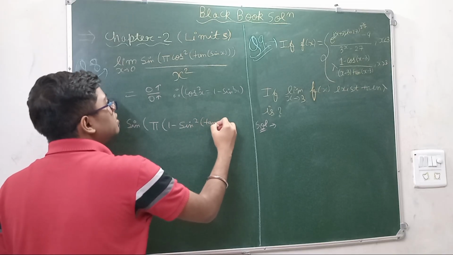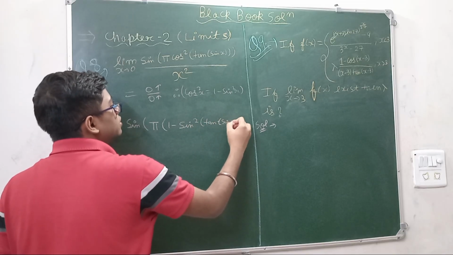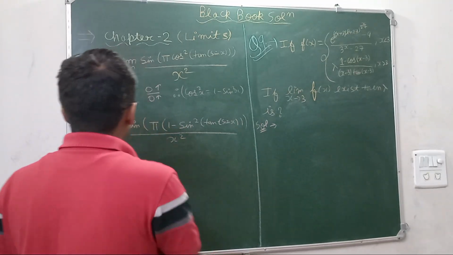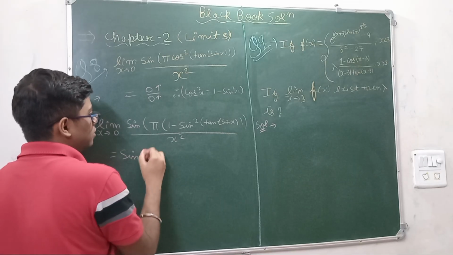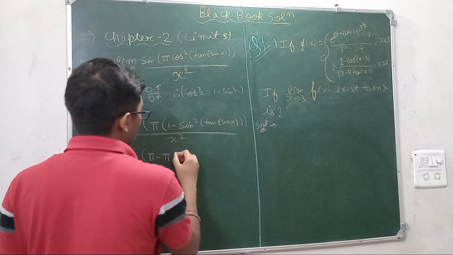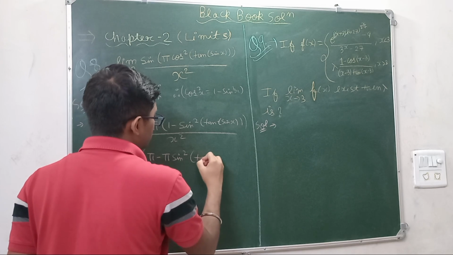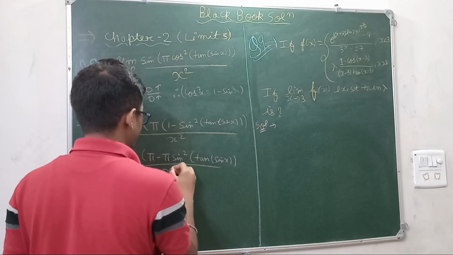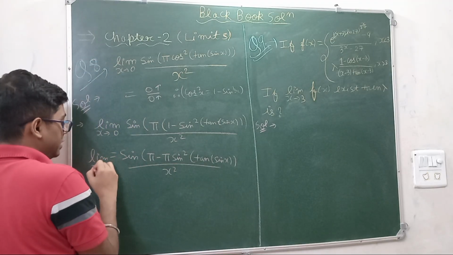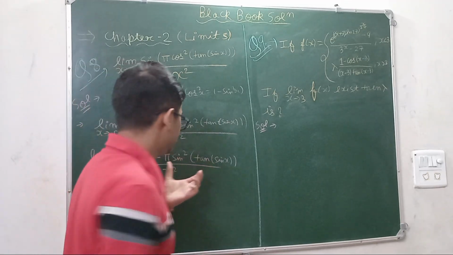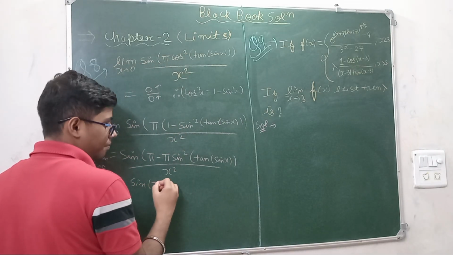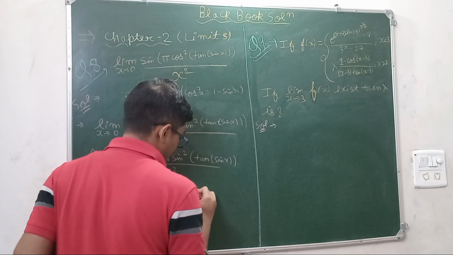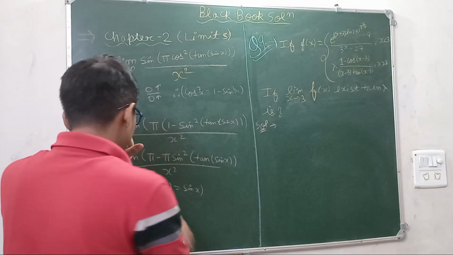Now the limit will look like this: sin(pi minus pi sin²x tan(sin x)) upon x², limit x tends to 0. Now this is in the form of sin(pi minus x). So we know the identity: sin(pi minus x) is nothing but sin x. So we will be applying this.